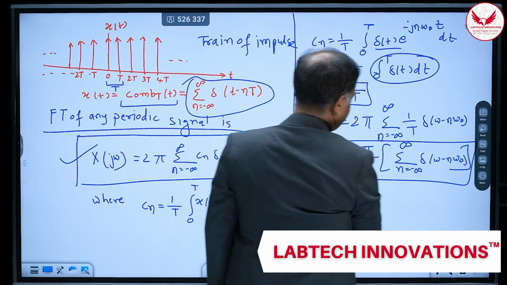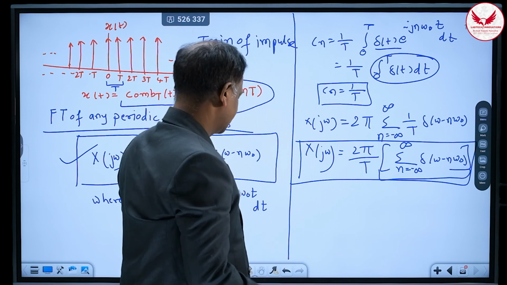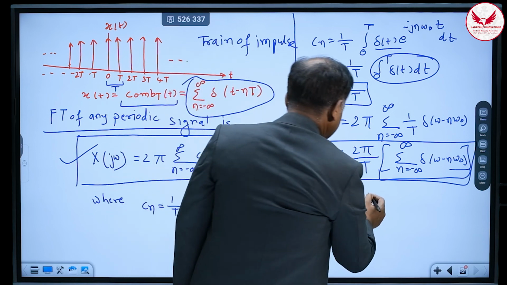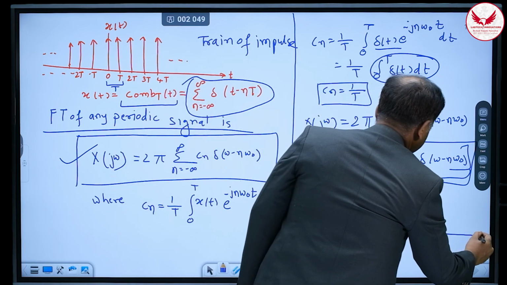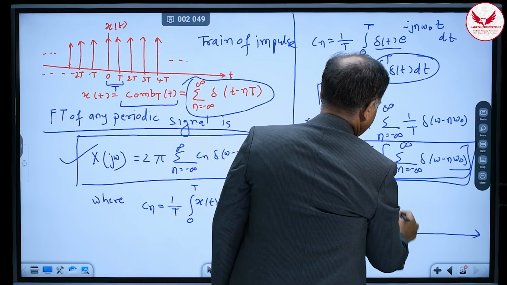This signal is also a train of impulses in the frequency domain. So if you want to sketch this signal, it will again be a train of impulses.